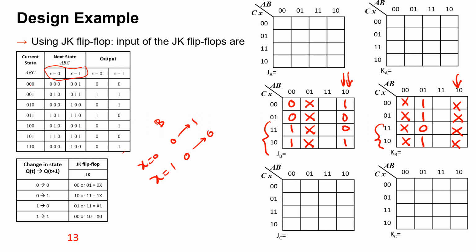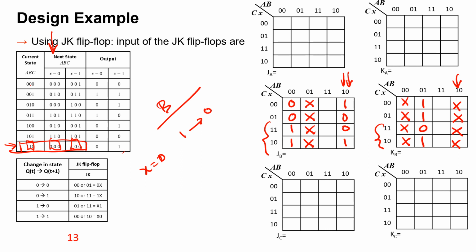And the last row of my table, just doing that, and I'm going to stop this, will be here. See, on B, when X is equal to 0 here, B makes a transition from 1 to 0. And when X is equal to 1, B makes a transition again from 1 to 0.